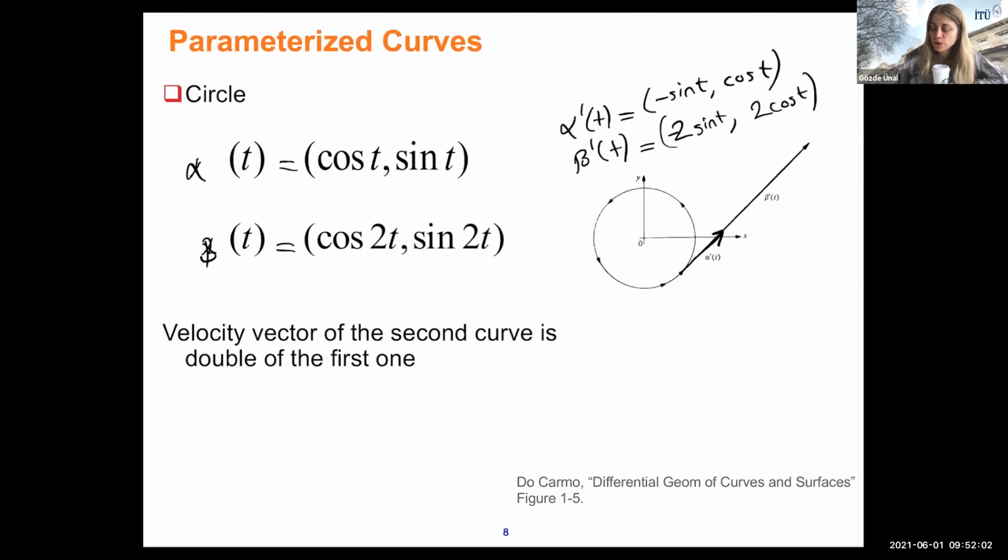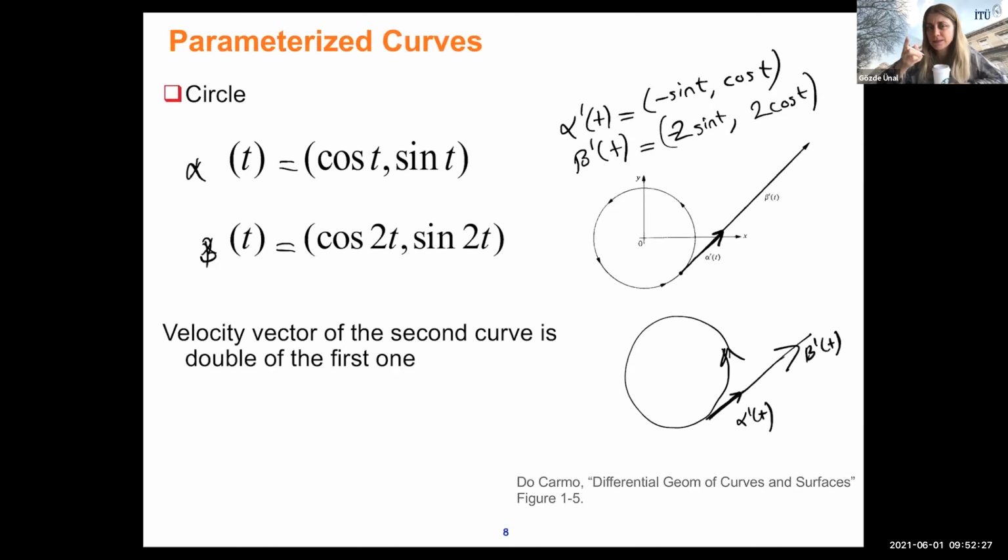They are going through the same curve, but the first one has tangent vector alpha prime t, and the second tangent vector, beta prime t, is double the size. So velocity is different between these.